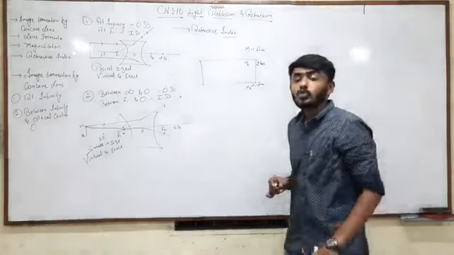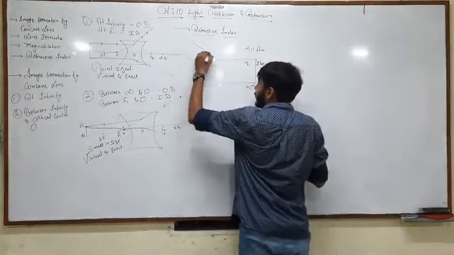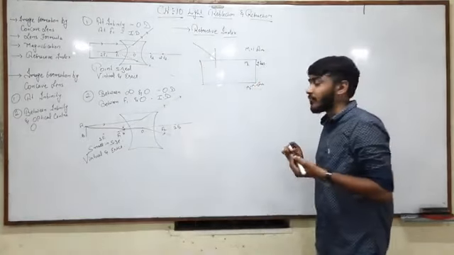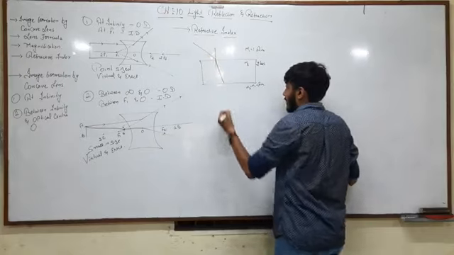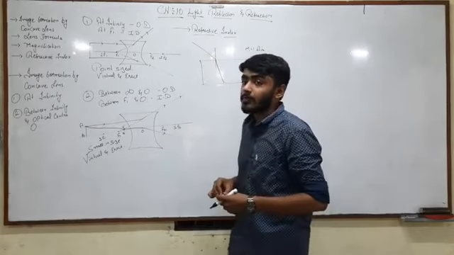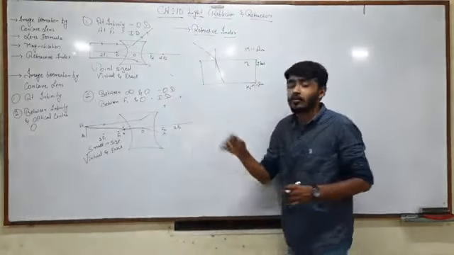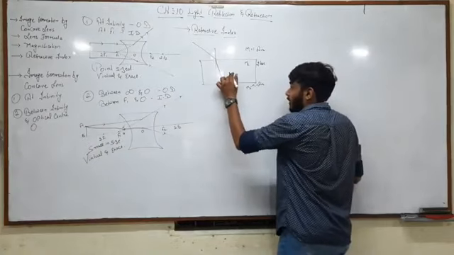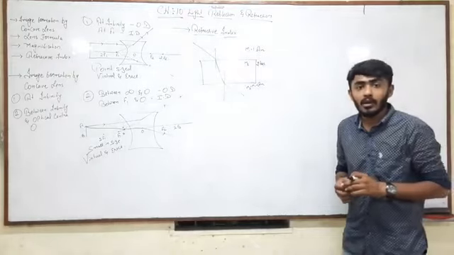So now what happens, students? Whenever the light was passing from here, we were drawing a normal to the surface, and then the light was bending towards the normal. As I told you, when light passes from a thinner medium to a thicker medium, it bends towards the normal, and whenever light passes from a thicker medium to a thinner medium, it bends away from the normal.